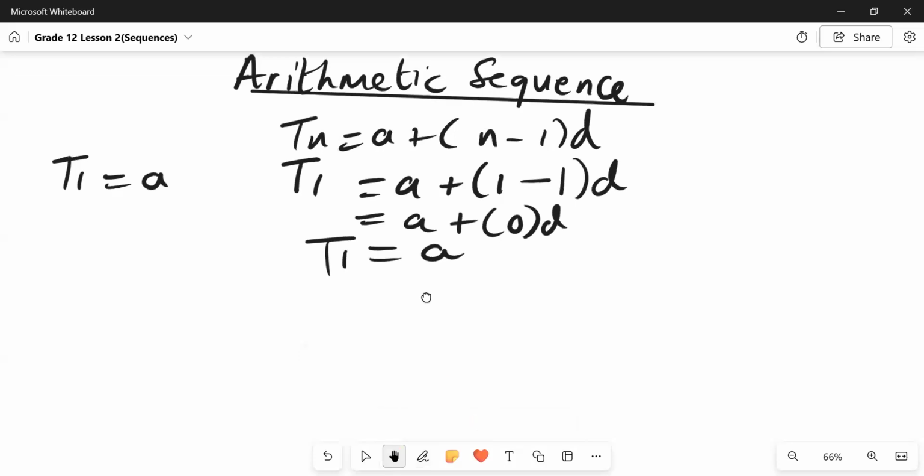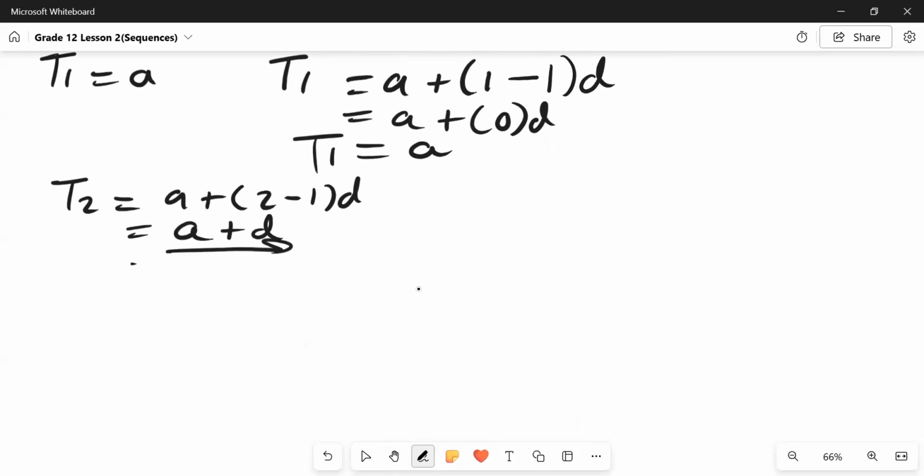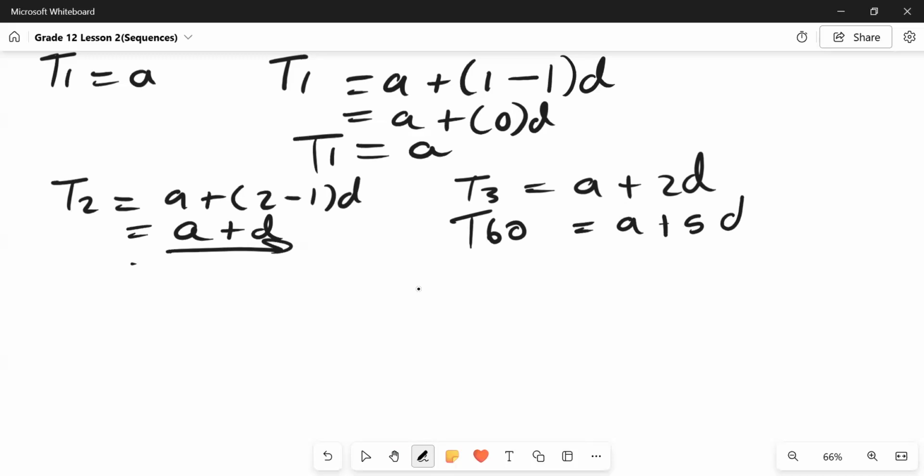Now, T2 is equal to a plus 2 minus 1 times d, and this will give us a plus d. That's your T2. Now, T3 will be a plus 2d. T60 is a plus 59d, and so forth. So that's what we have to use, right?